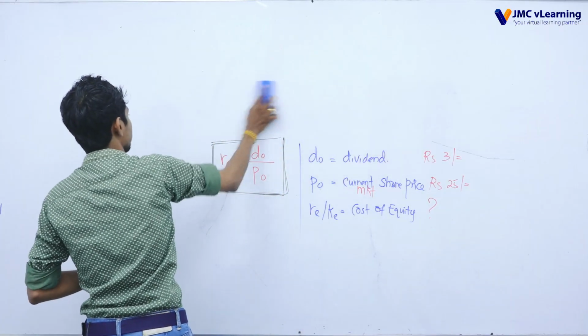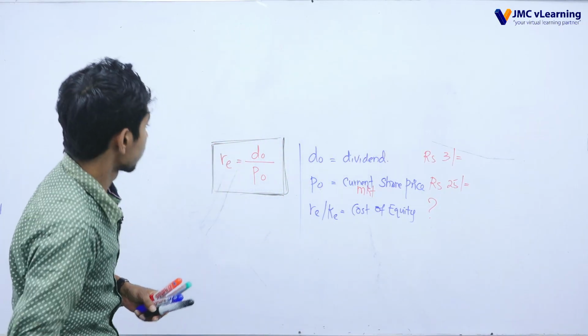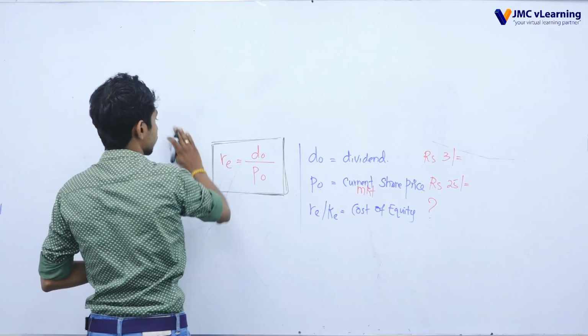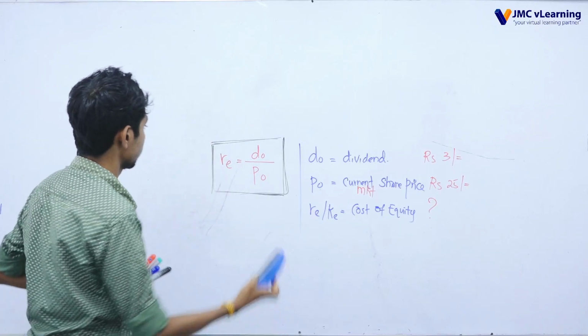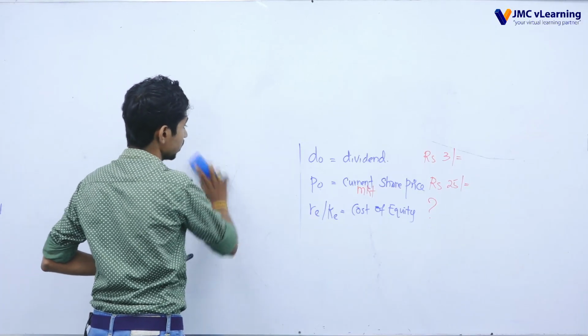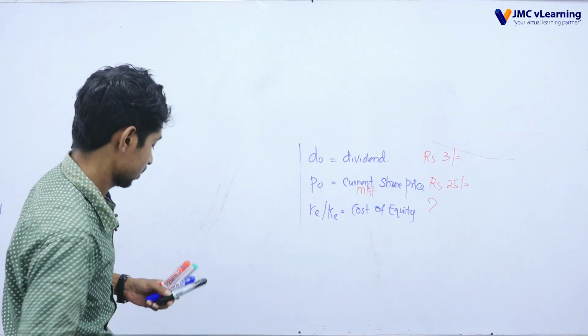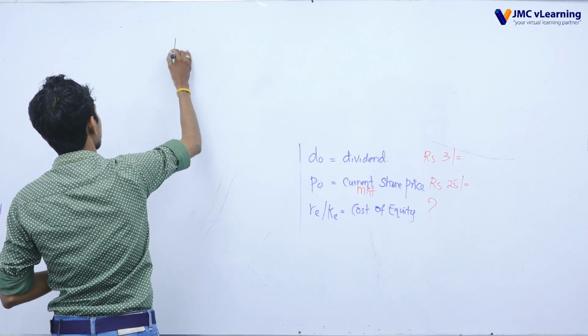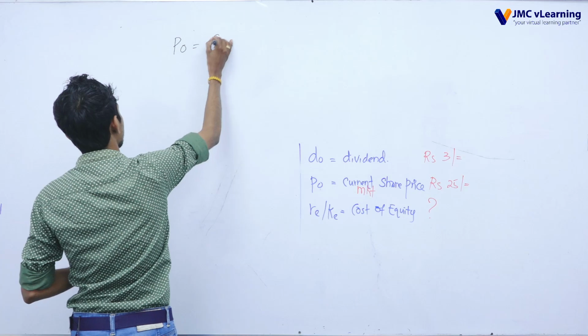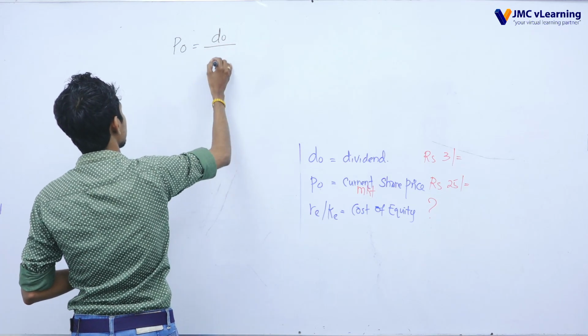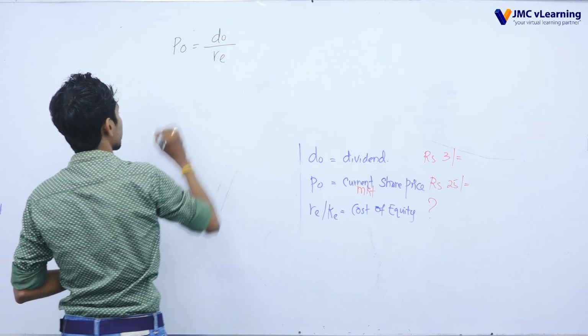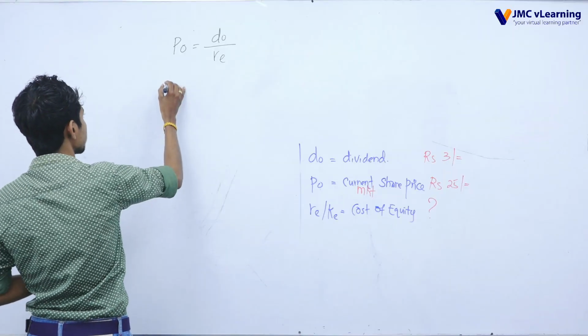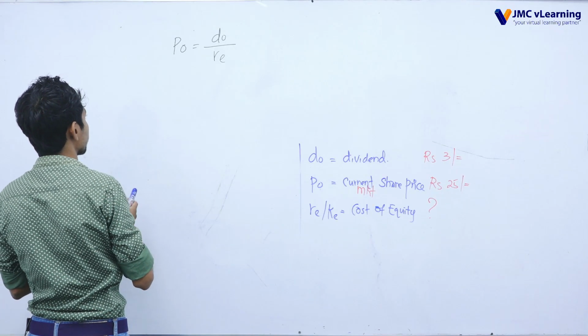Thereafter, I will not draw those kinds of graphical representations. Then those are the information we have. Our basic formula is that the current market price every time equals the dividend payment divided by the required rate. Here the current market price is how much? 25 rupees.